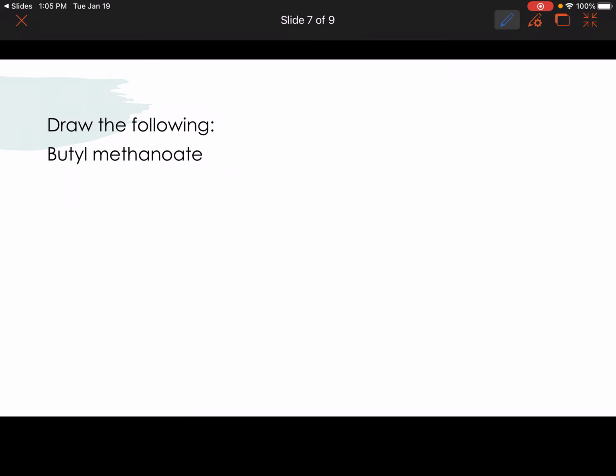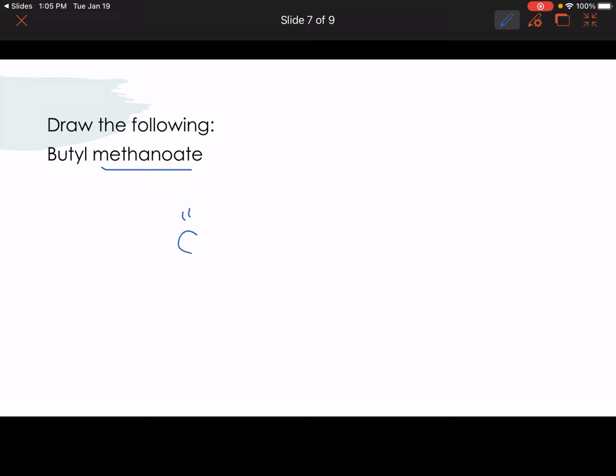Now these aren't in your notes, but I'm going to just do a couple extra here. So draw the following. You could be asked just to draw part of it, so you don't always have to do the whole reaction, right? So butyl methanoate. Right away, I'm going to start with this part. Methanoate, that's 1 carbon, right?